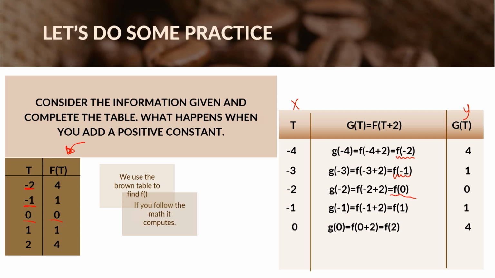When I take g of -1 and do the same thing, plug that -1 in, I'm adding that 2, I get f of 1, and I look over here, 1 is my 1. The last one is 0. So g of 0, I'm plugging 0 in, f of 0 plus 2 gives me f of 2, and this 2 down here is also a 4.